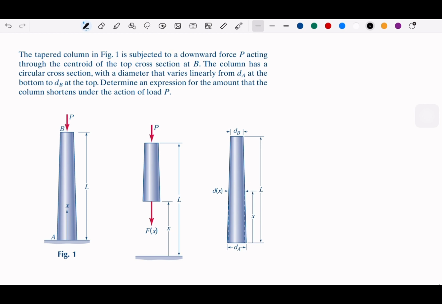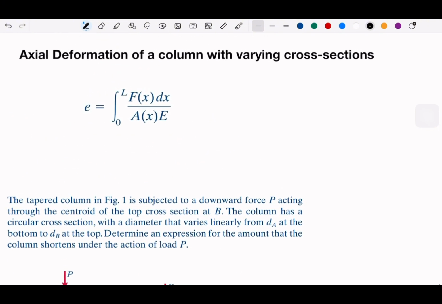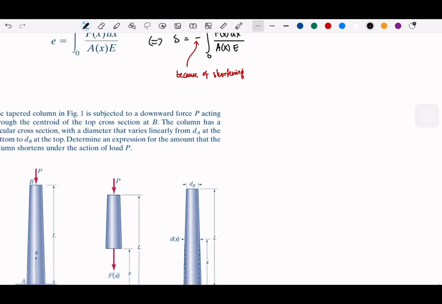I will write it as a delta. Remember, the original elongation equation is this one, so we take that as delta and then take a negative. We know it's negative because the case is a shortening.